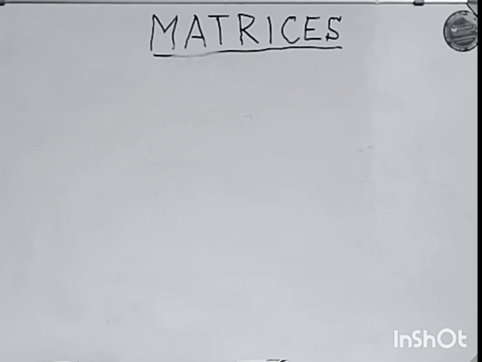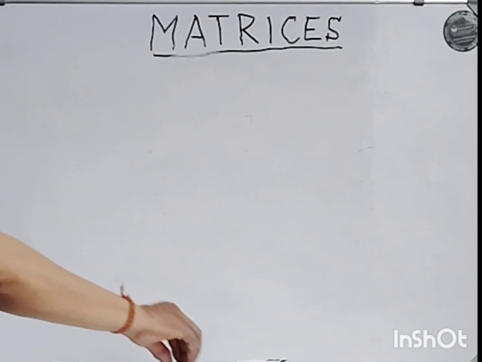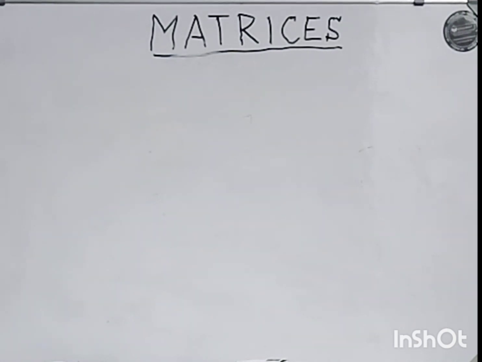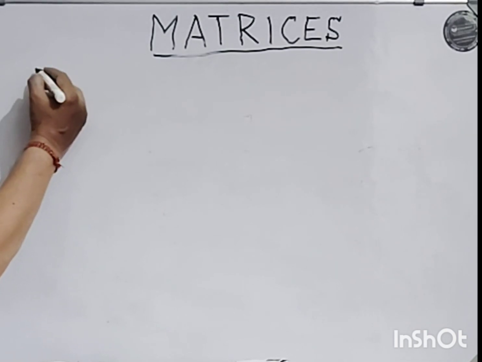Then there is a scalar matrix: a diagonal matrix in which all the diagonal elements are equal is called a scalar matrix.